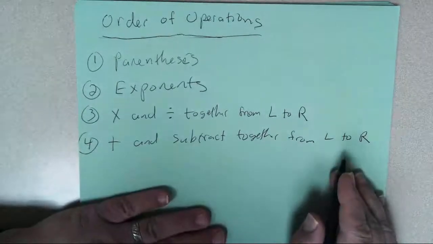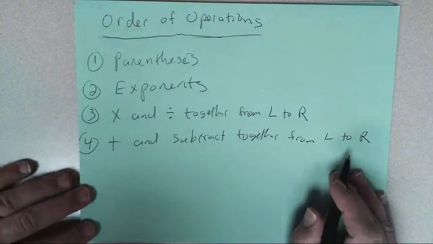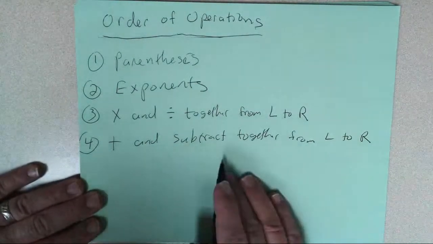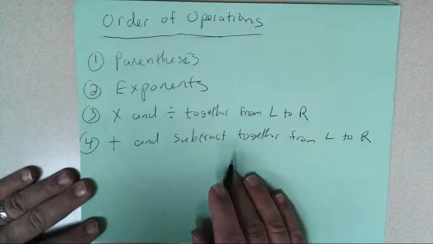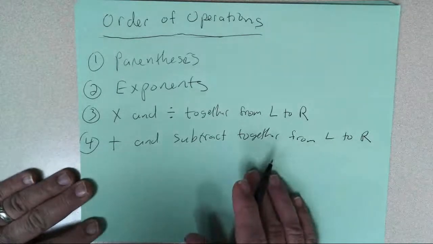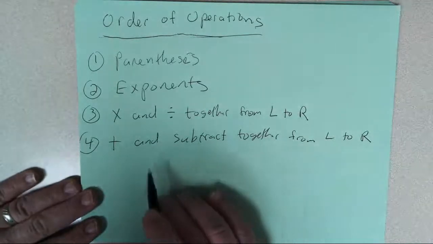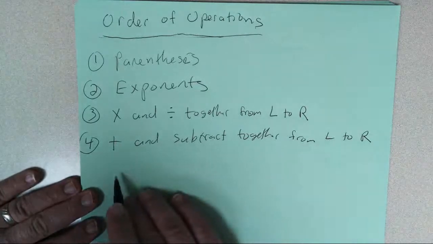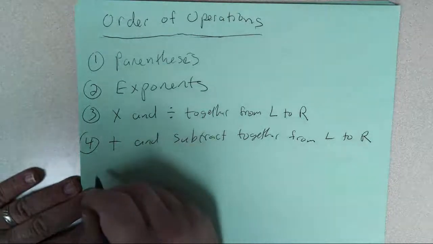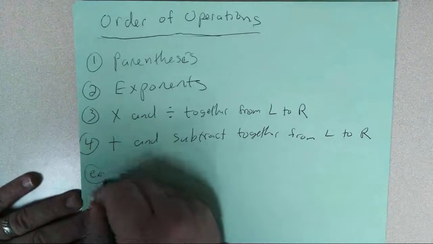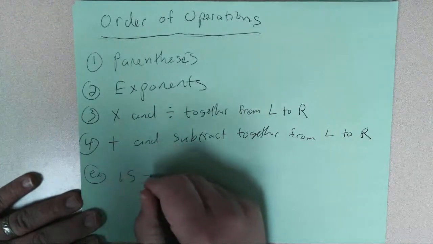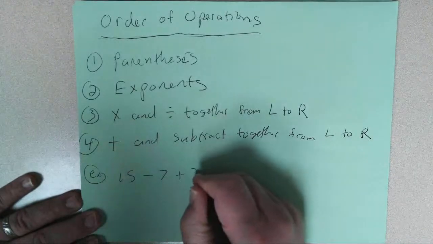But the danger of that is that, for example, addition and subtraction should be done together from left to right. So it's not Aunt Sally. It's not addition and then subtraction. So let me give you an example here. Let's say I have 15 minus 7 plus 3.